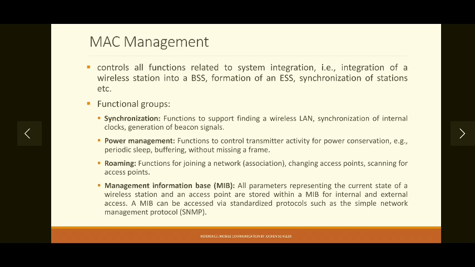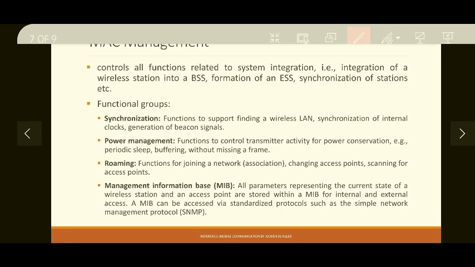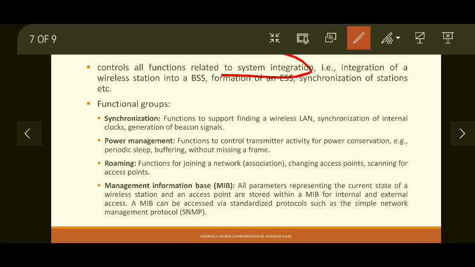Now how to find a network and how to associate with the network or disassociate from the network is decided by the MAC management layer. So it controls all functions related to system integration, that is integration of a station to the BSS, that is basic service set.